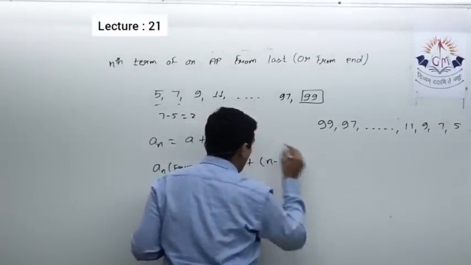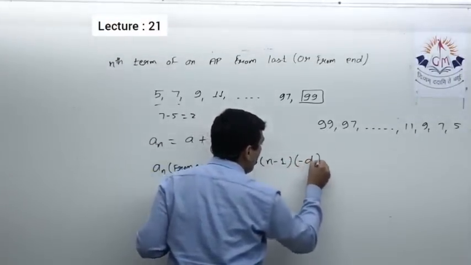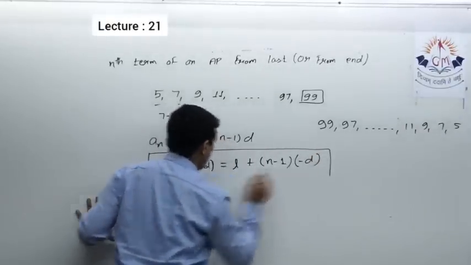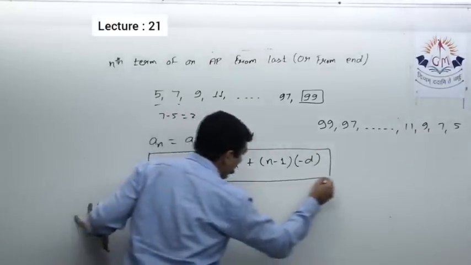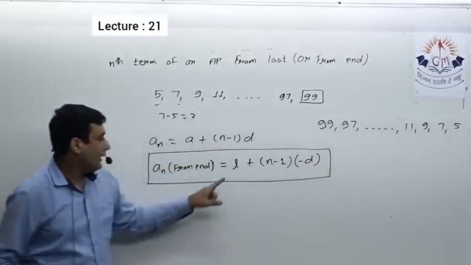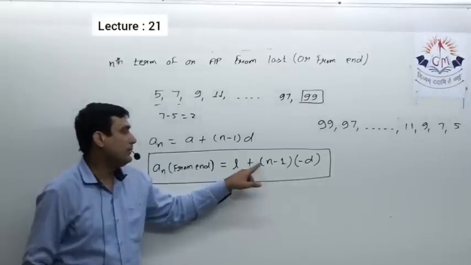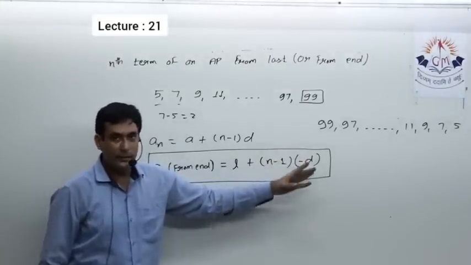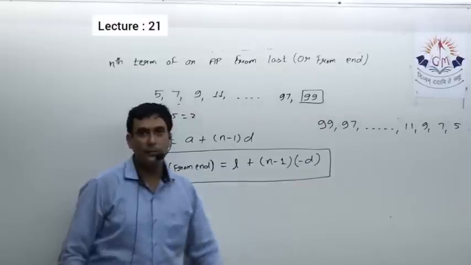So here I will replace d by minus d. So this is my formula to find the nth term from the end. I will write the formula as L plus (n minus 1) into minus d. I will obtain d as it is, just I will keep the minus sign before it.